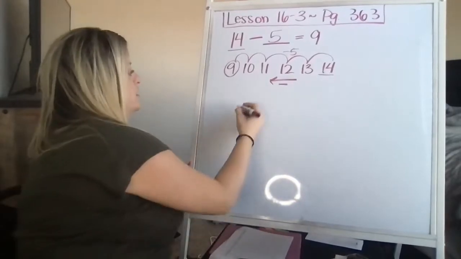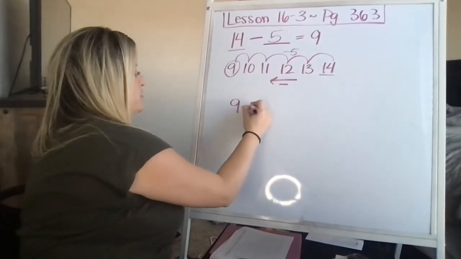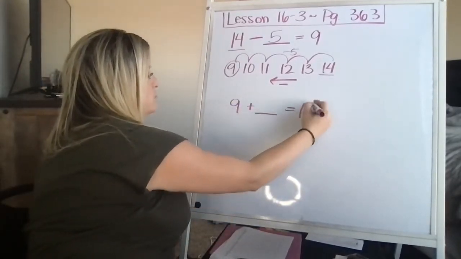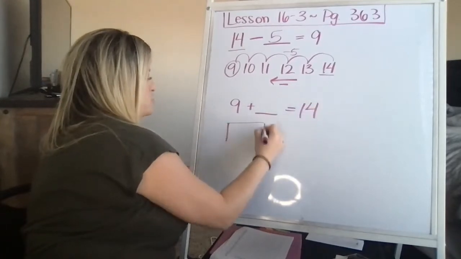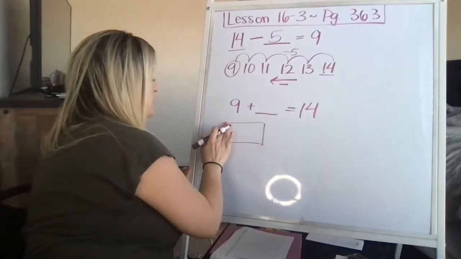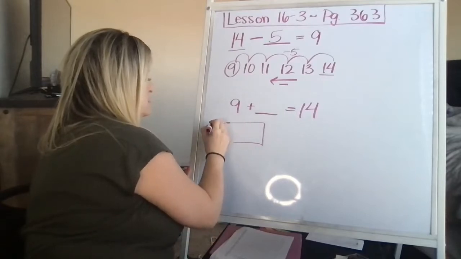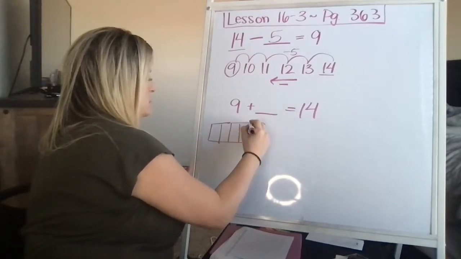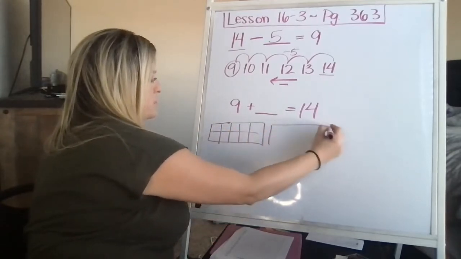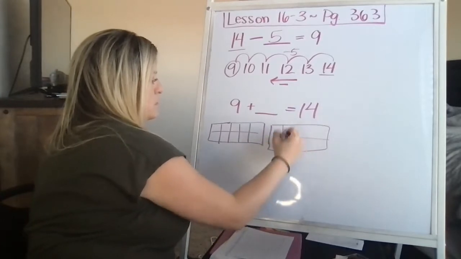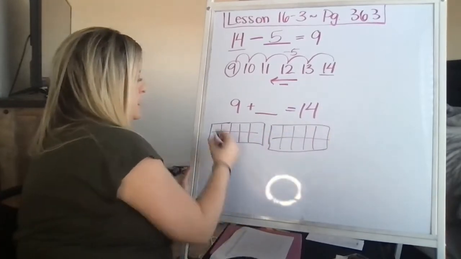Now if I wanted to, I could turn this into an addition equation by doing 9 plus blank equals 14. And I could draw. Is that big enough, I wonder, for you guys? I could draw 9.